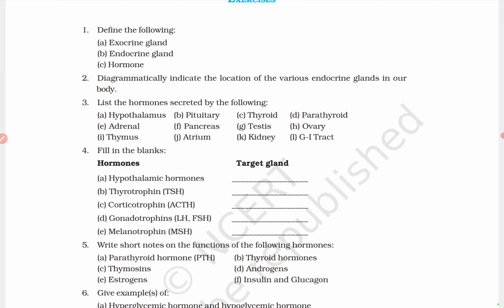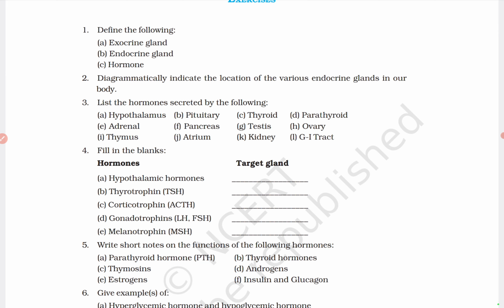Second, diagrammatically indicate the location of various endocrine glands in our body. This is the first diagram in your NCERT, which you have to draw and label properly. Third, list the hormones secreted by the following.